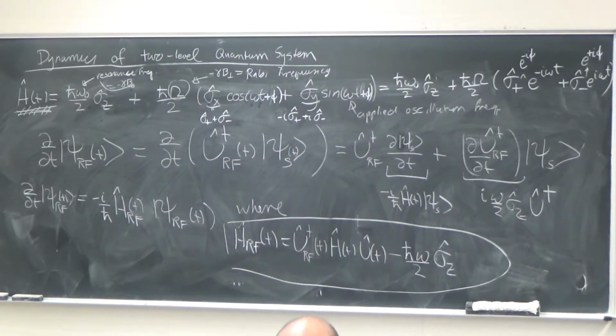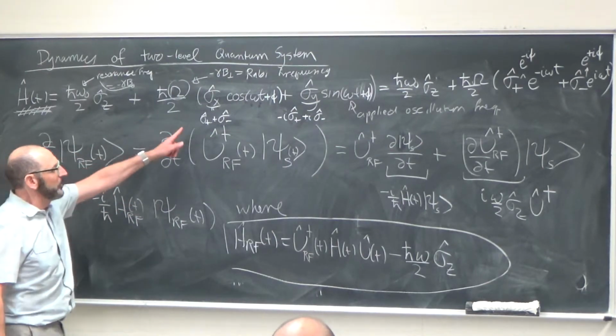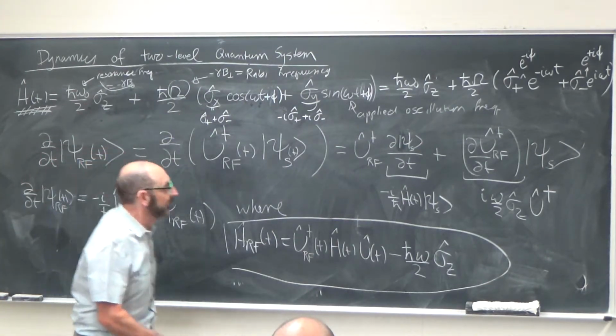All right, so that's the Hamiltonian in the Schrodinger picture. What's the Hamiltonian in the rotating frame? Well, we have to apply this unitary transformation to this Hamiltonian.